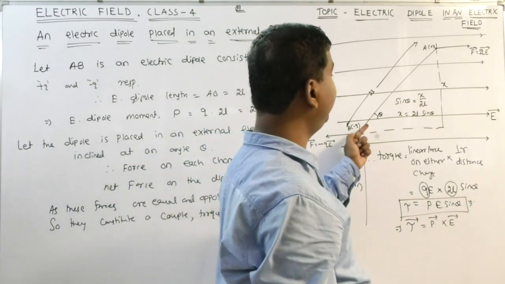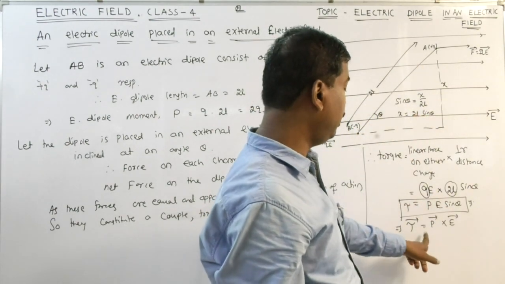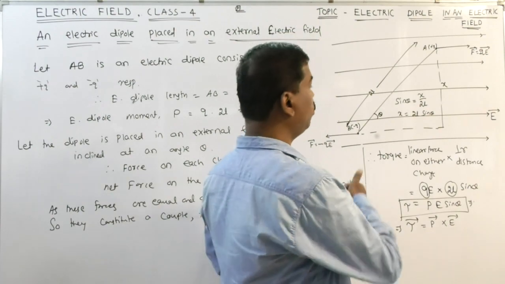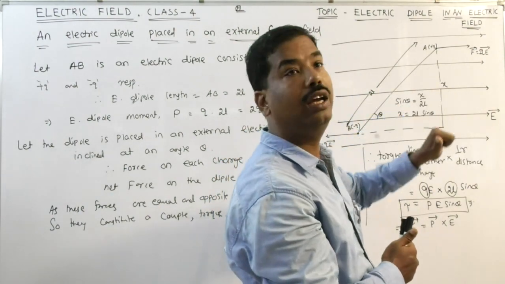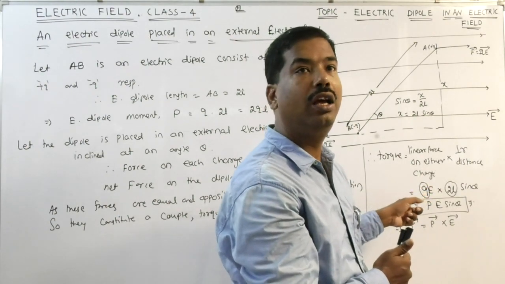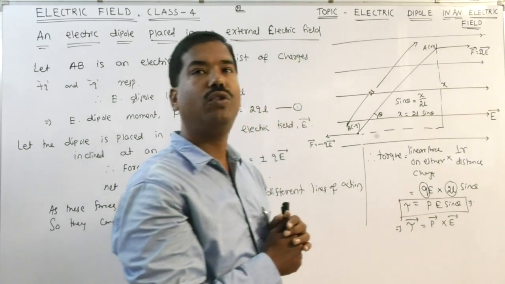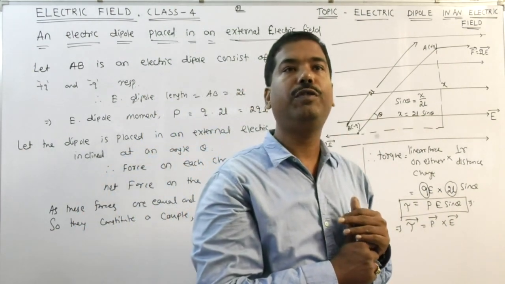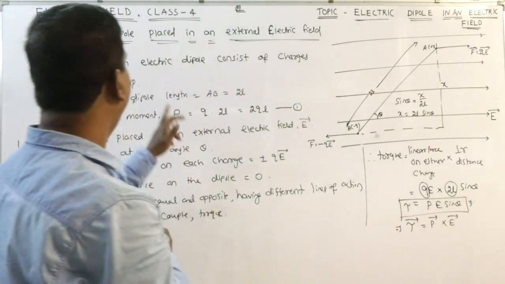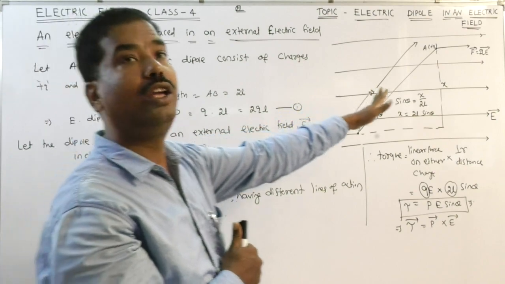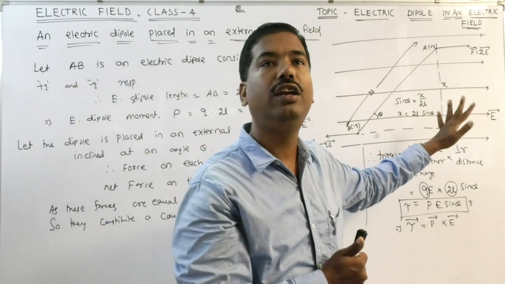If the dipole moment is acting in such direction, electric field is taking that direction, then tau vector will be perpendicular to p and E, which lie in the plane, then torque will be acting along the axial vector. Clear? So torque is a vector quantity, as we know from the first year classes, rotational motion. So what happens when a dipole is placed in a uniform electric field? It will deflect. Answer: it will deflect.